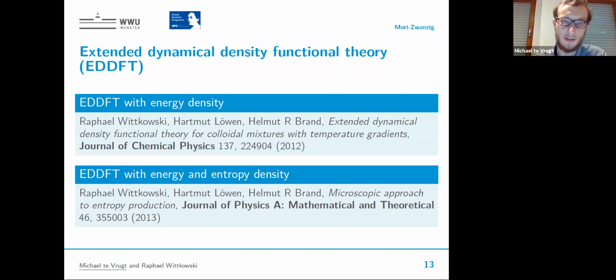But it was discussed already in these works that in principle, this framework can be extended to arbitrary variables, and what we've done is to incorporate also the momentum density. Of course, we're not the first one to include the momentum density in the DDFT, and certainly also not the second one, but still it gives you, I would argue, certain new insights regarding important conceptual and technical aspects. I'll give some examples later.